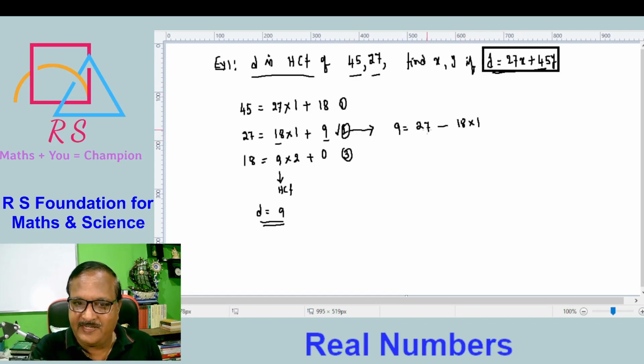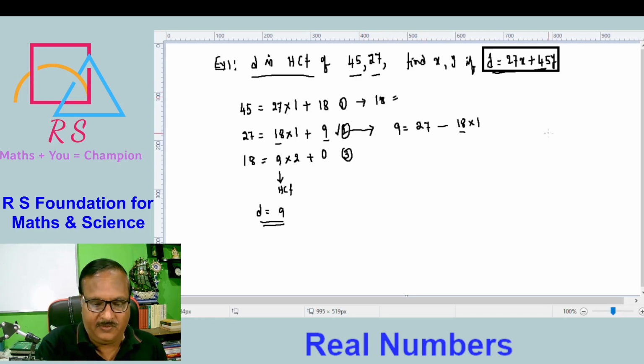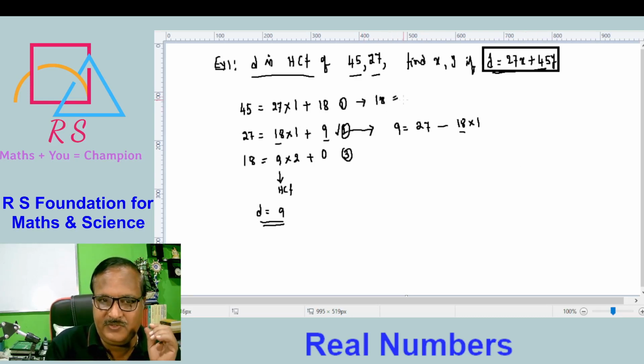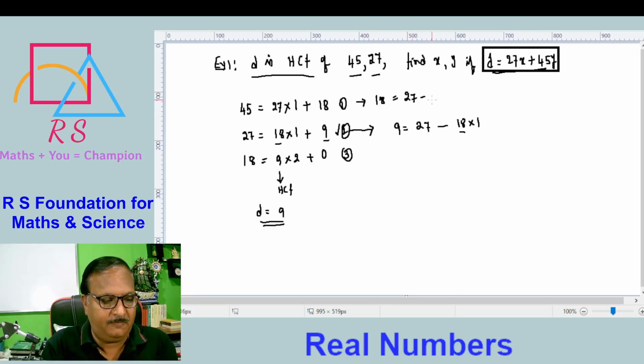Now 27 we have got here. We don't want 18 here. We want 45. So again from this, 18 is equal to 45 minus 27 into 1.